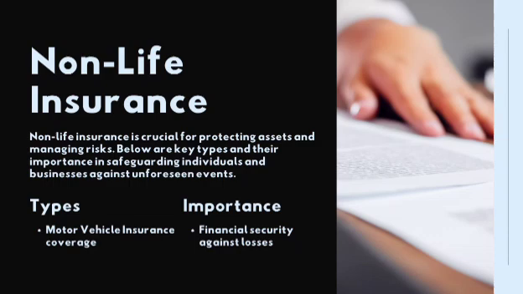Now, it's time for an example. Pay attention carefully. For instance, Miss Bello owns a fabric store in Kaduna Market and pays 75,000 naira annually for fire insurance. When an electrical fault causes a fire that destroys all her stock worth 3 million naira, the insurance company will compensate her for the loss.